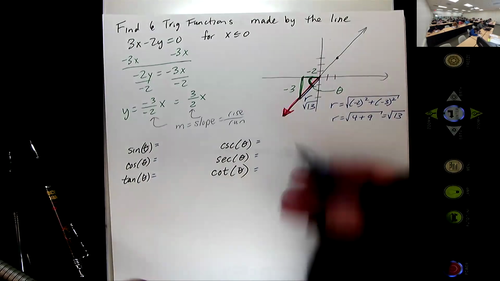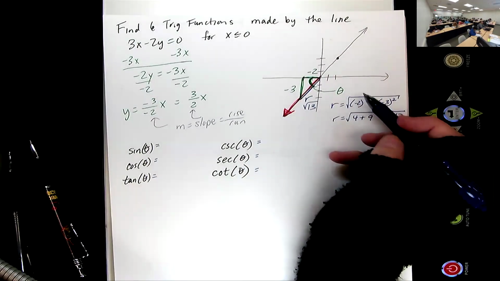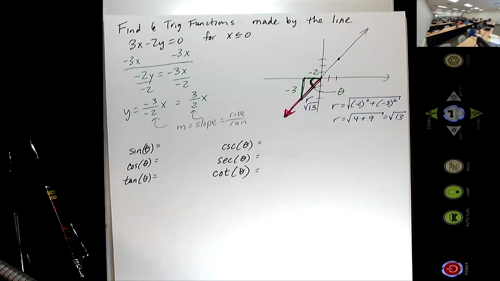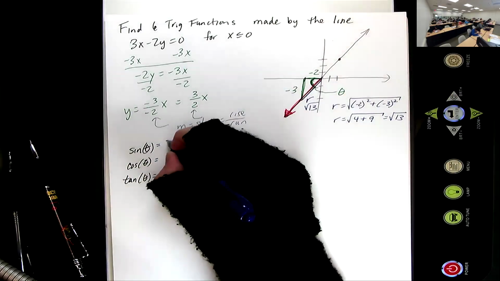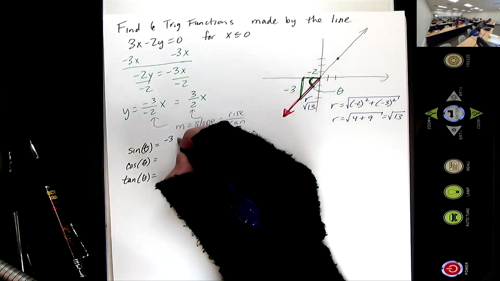Alright, so sine of theta. What do we have here? Opposite is -3 over hypotenuse is square root of 13.